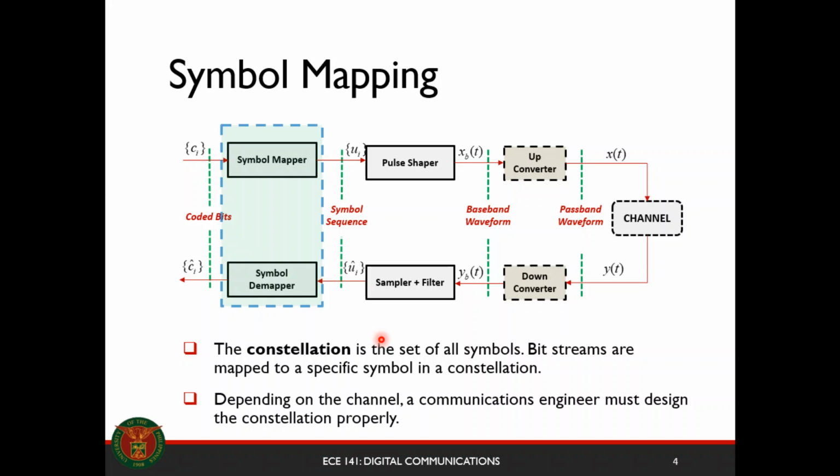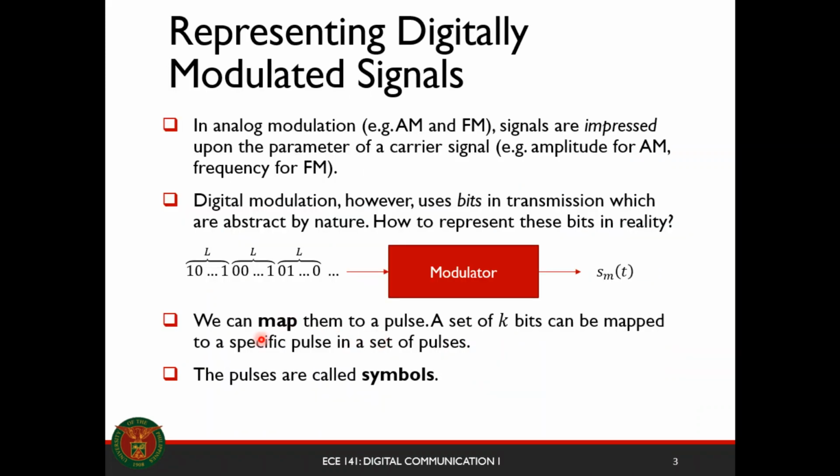Different groups of bits create different symbols. Sorry, I forgot to tell you that. Some L bits can be represented as one symbol. The next L bits can be represented as another symbol. So if this is L bits, how many symbols can we make? That's 2 to the L symbols, depending on the combination of bits that we'll have.